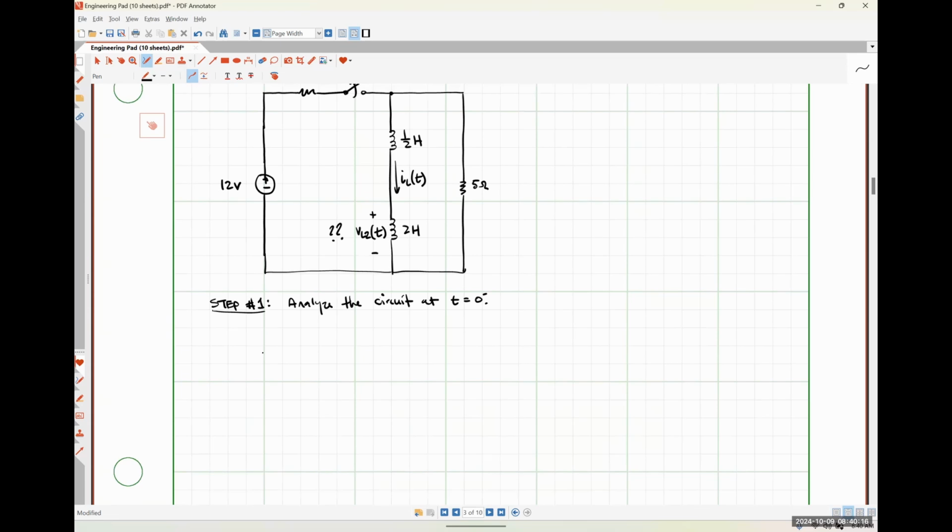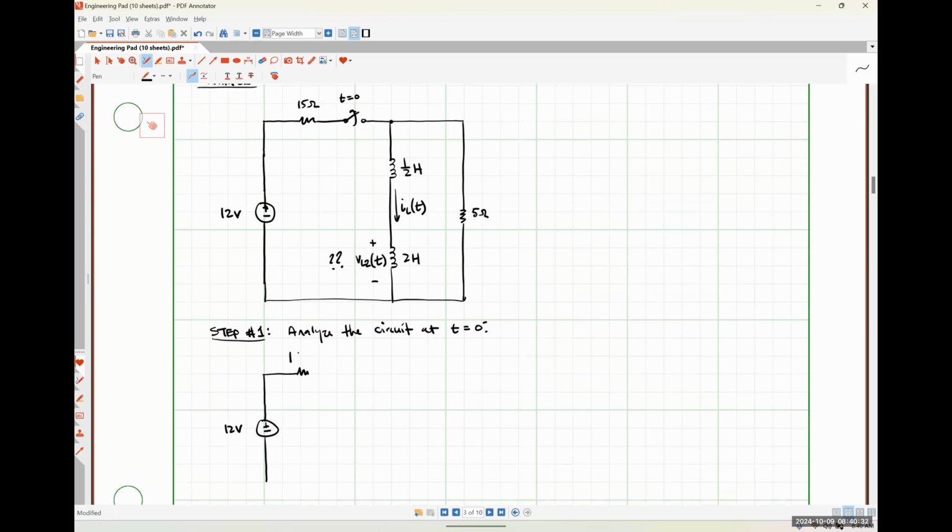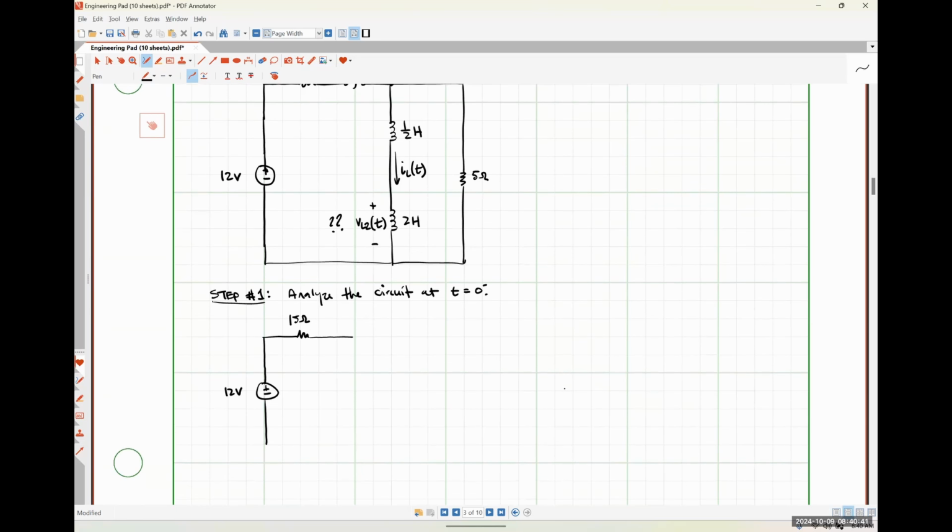So at this particular point in time, our circuit would look like this. So we'd have a 12-volt source in series with a 15 ohm resistor. At t is equal to 0 minus, our switch is closed. So I'm going to close my switch. Both of our inductors are going to be replaced by short circuits.